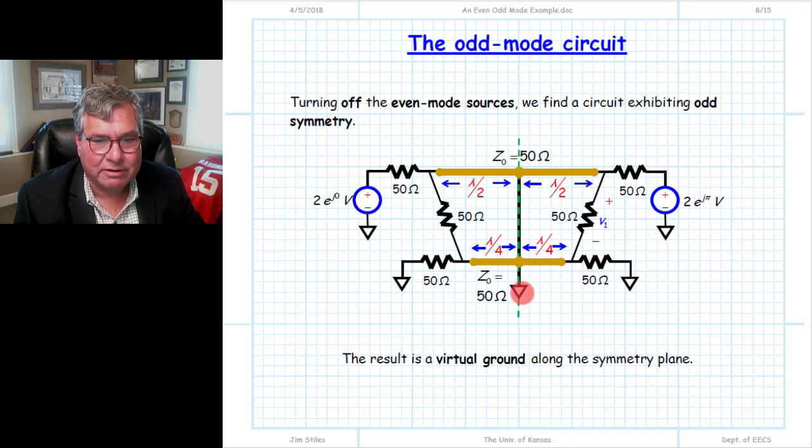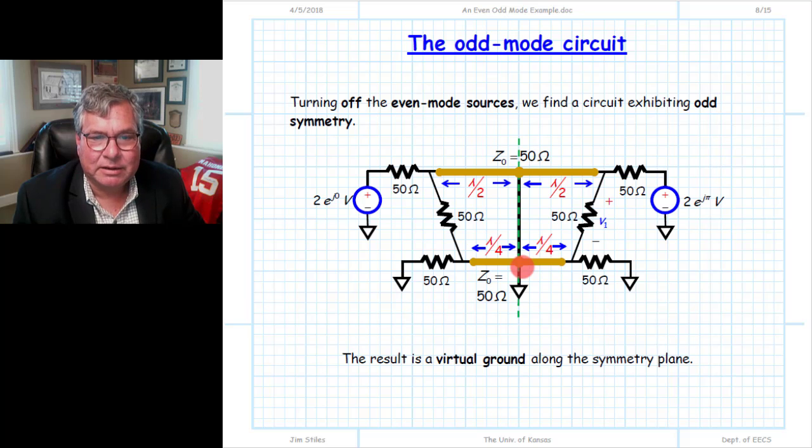It shorts to ground, and so the voltage at every location along this plane will be equal to 0, shorted to the ground plane. And those points include, most importantly in this circuit, one point on each of the two transmission lines, I should say. So right here the voltage goes to 0, and right here the voltage goes to 0 on these two transmission lines.